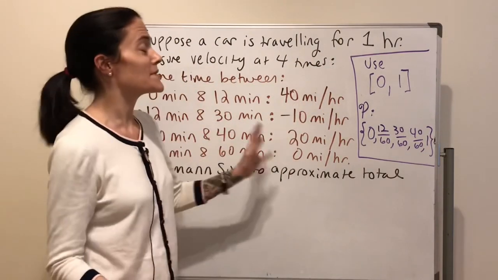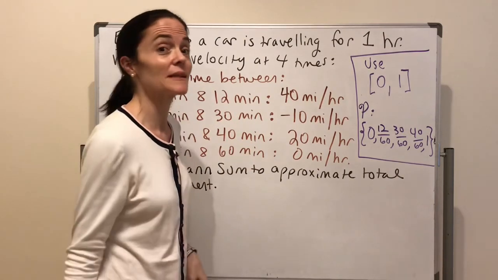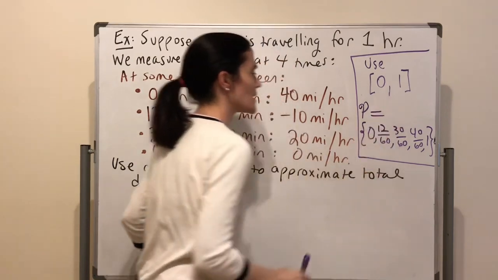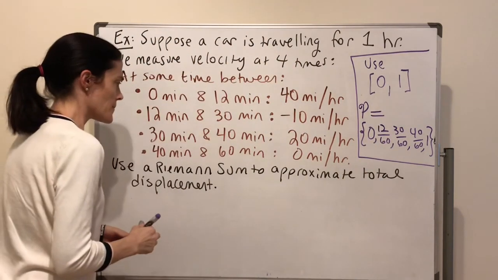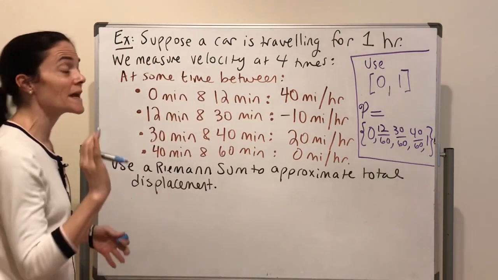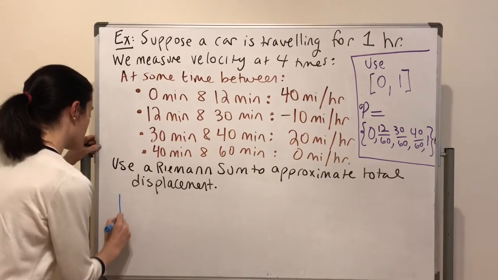So I will just leave these as number over 60 instead of writing them in lowest terms. But this is the partition. Maybe I will change this to an equal sign. Okay, so let's graph this before we write down the Riemann sum, and I will show you the rectangles.